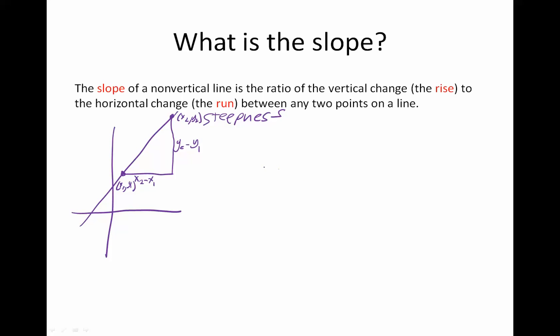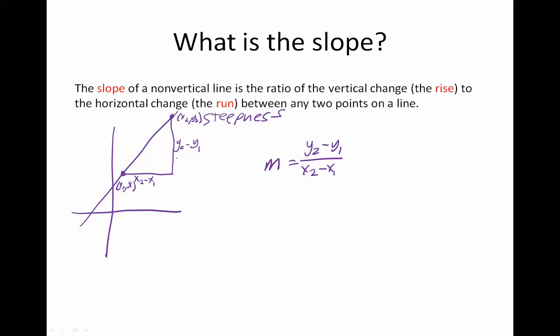So we have a formula for that. M, which represents the slope, is y2 minus y1, which is this number minus this number, divided by x2 minus x1. And again, this is telling us a number that is representing how steep something is.